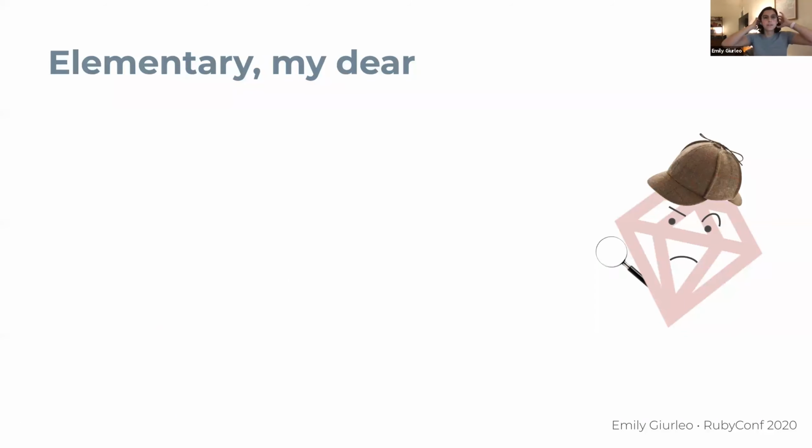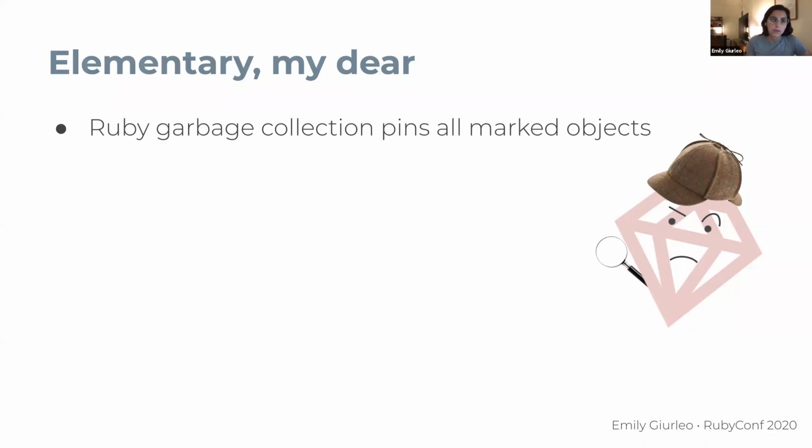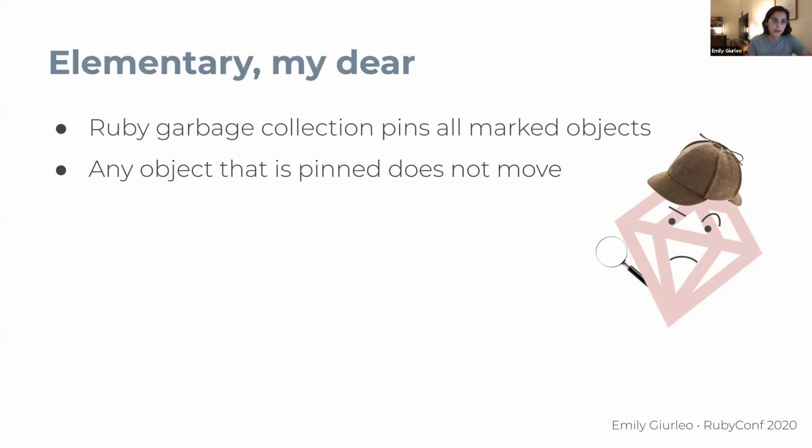So armed with this information, I had everything I needed to deduce the problem that was going on in my gem. So I knew Ruby garbage collection pins all marked objects starting in Ruby 2.7. Any object that is pinned will not move in memory.